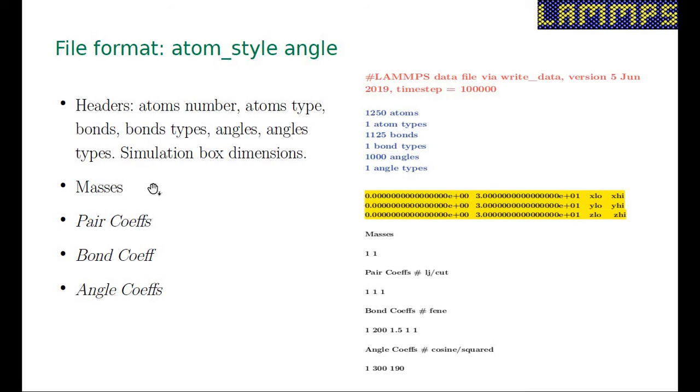Then we specify the masses, the pair coefficients for the non-bonding interactions, the bond coefficients for the bonding interactions, and then the angle coefficients. This is the new contribution. Then we have to specify the coefficients for the angle interactions.